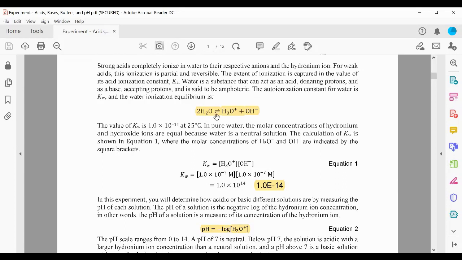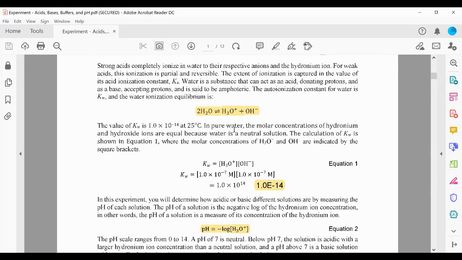So the water is going to dissociate into hydronium and hydroxide. And because there is an equilibrium, the equilibrium constant for this reaction is the product of the concentrations of the two ions. Remember, the equilibrium constant is the concentration of products divided by the concentration of reactants.